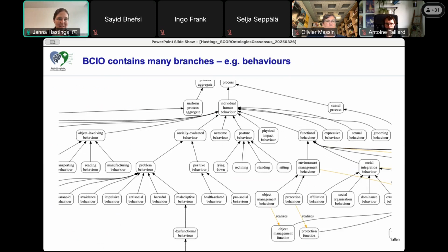Behaviors, of course, are the most important focus area of the behavior change ontology, and you can describe and classify behaviors in a lot of different ways. Human behaviors are very flexibly defined, and it's quite a challenge to come up with an ontology, especially to have a classification hierarchy where the classification is always true of the behavior.